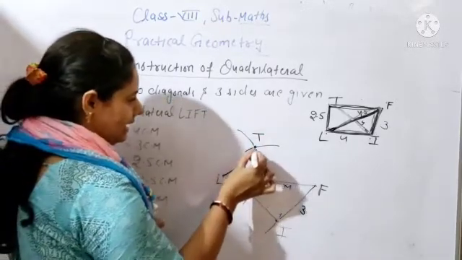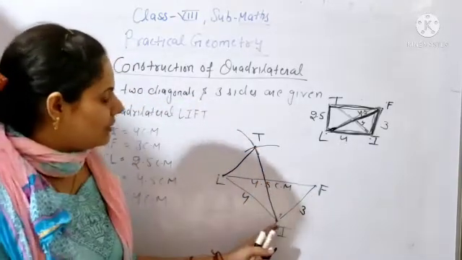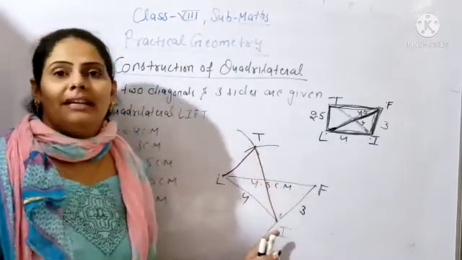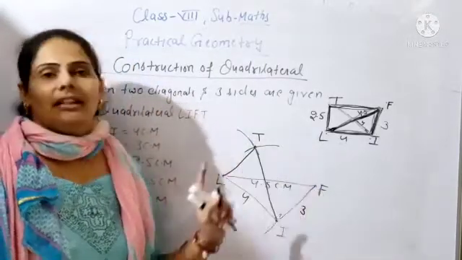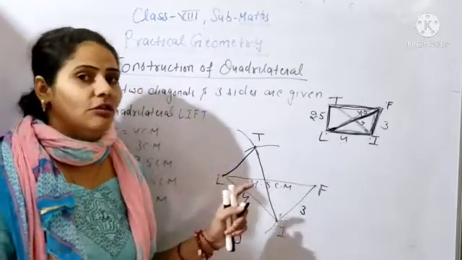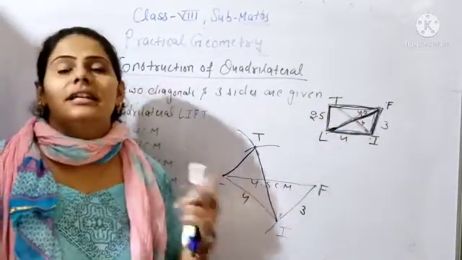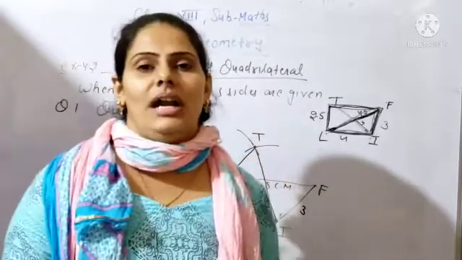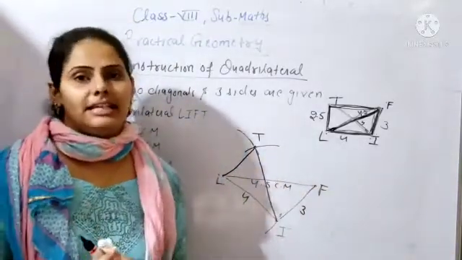You will join the lines LT and IT, because the next arc you have drawn from point I, not from point F, because the FT length is not given. Okay, what is the length of FT? It is not given, but the IT length is given because IT is the second diagonal. Here in this quadrilateral, how many diagonals are given? Both the diagonals are given and 3 sides are given.